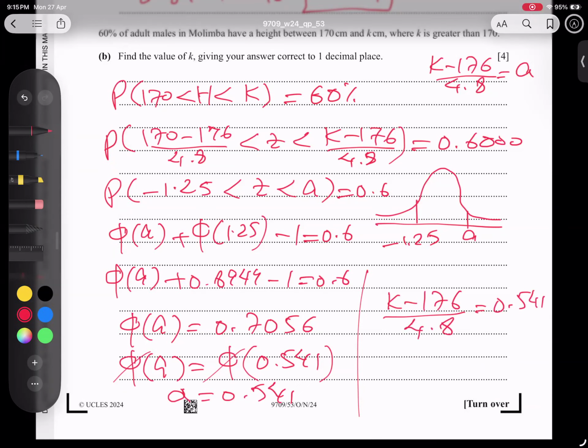So 4.8 times 0.541 plus 176, and the answer finally is 178.56968. But he said 1 dp. Normally we write 3 SF, but he said 1 dp. So 178.6. I hope the concept of the question is very clear.